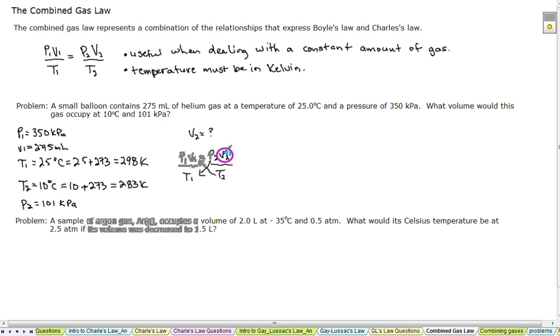But as long as you have arrows and you're following the math rules, if it's on top, you gotta bring it to the bottom. If it's on the bottom, you gotta bring it to the top. So my final equation is going to be V2 is equal to P1 V1 T2 divided by T1 P2.